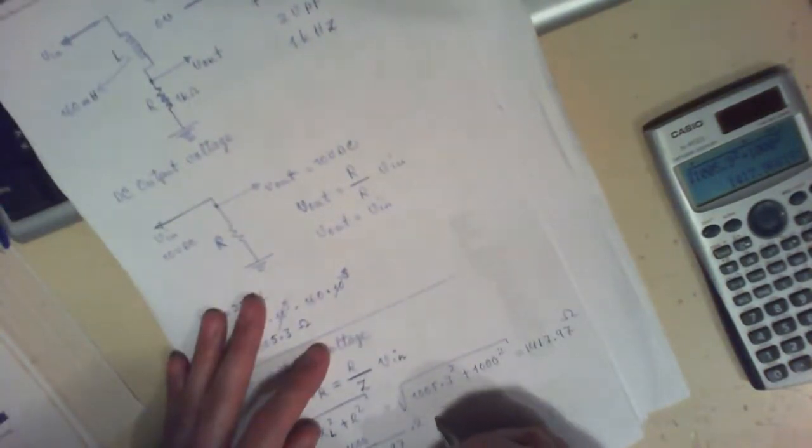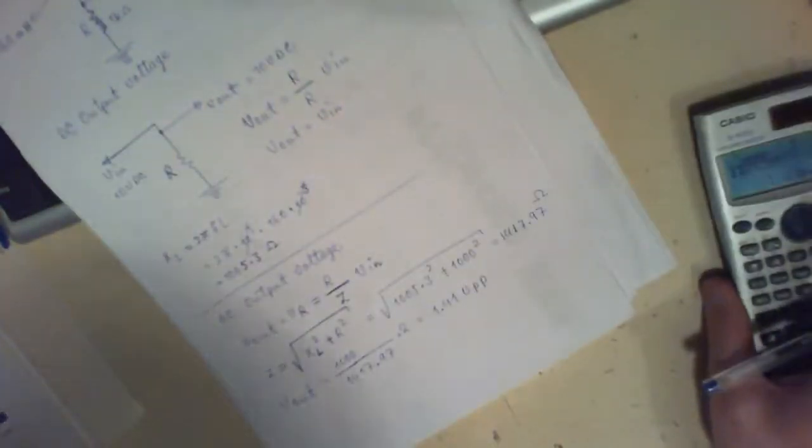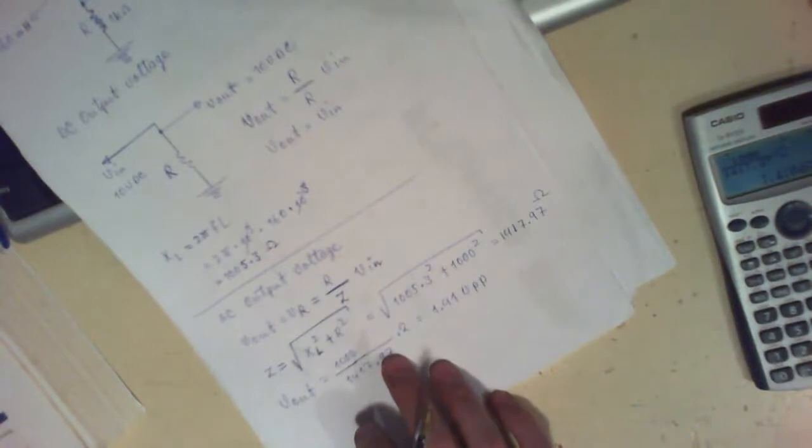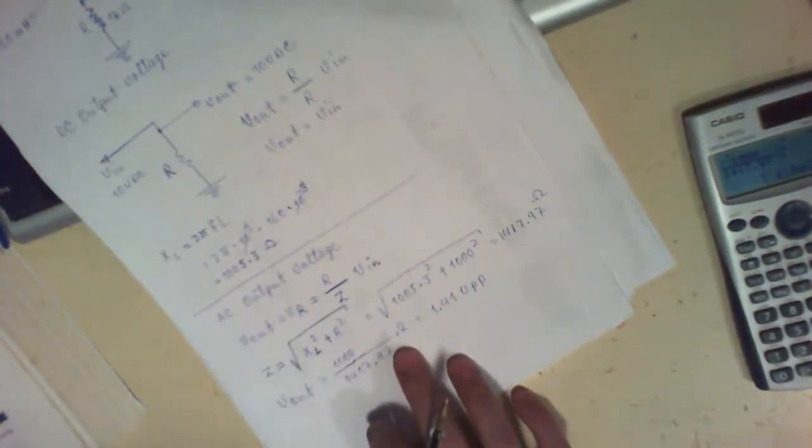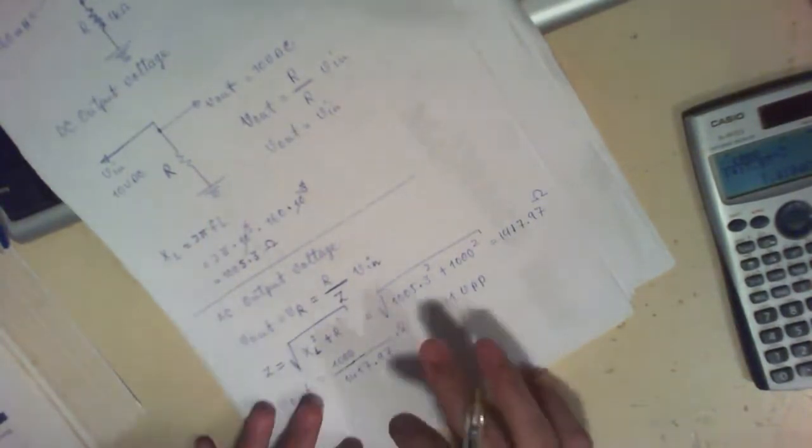So that's 1000 divided by 1417.97 times 2 volts, which is equal to 1.41 volts peak to peak. Okay, so that's your output voltage, and that's basically all that you need to know about this circuit.